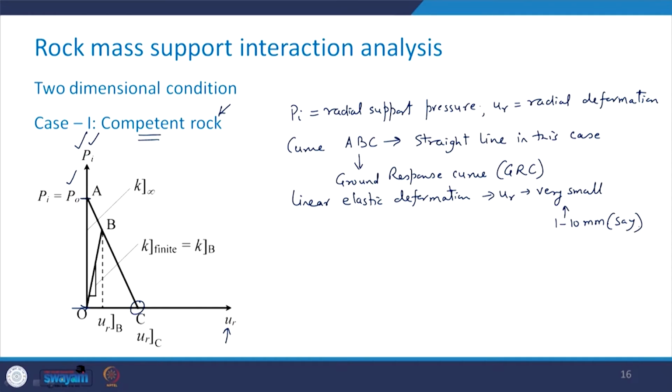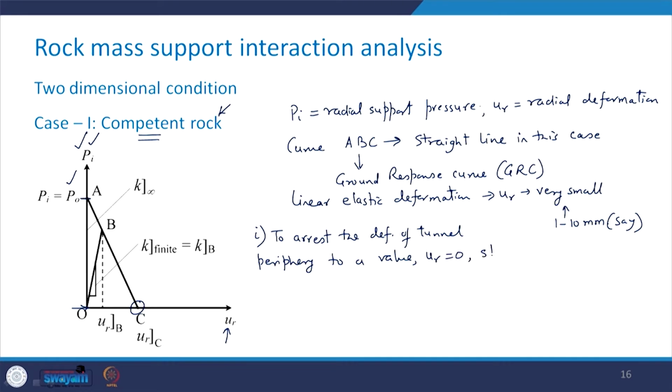Now, if we want to arrest the deformation of the tunnel periphery completely, this means that if we want to have UR equal to 0, so that is going to be our first case, that is to arrest the deformation of tunnel periphery to a value which is UR equal to 0.